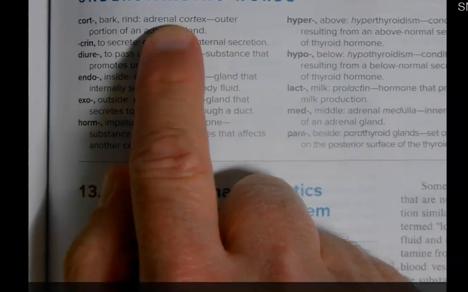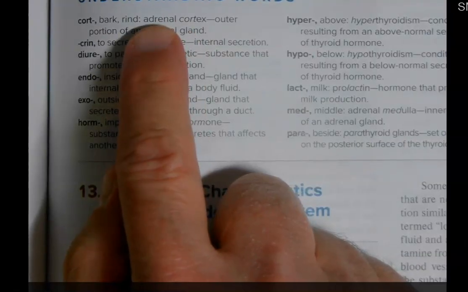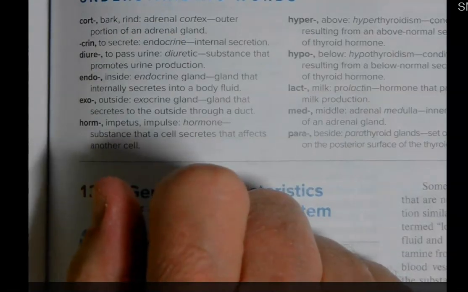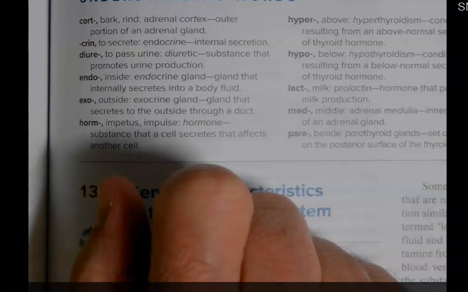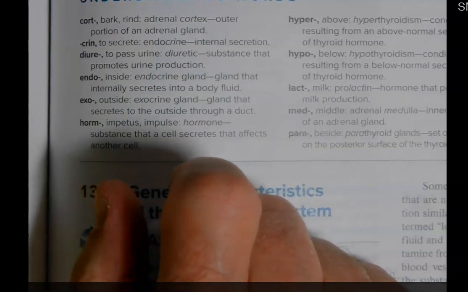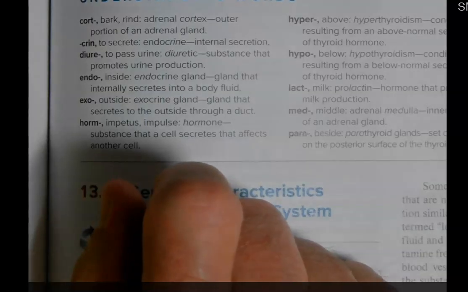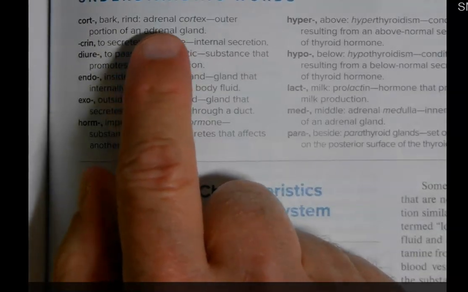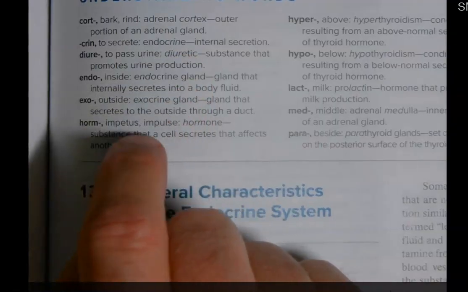Renal refers to kidneys, and the prefix ad means upon. So the adrenal glands sit upon your kidneys.